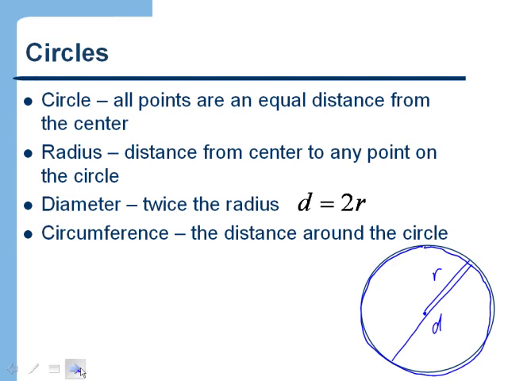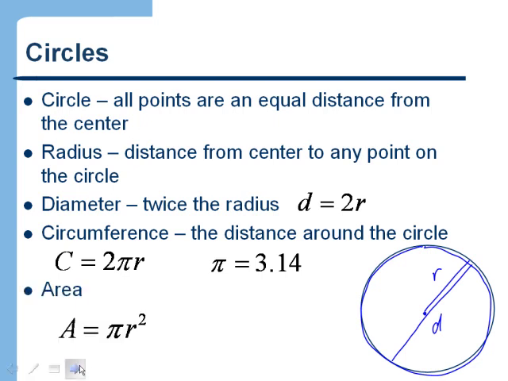And the way we calculate the circumference of a circle is we take the radius of the circle and multiply by 2 and by pi. Remember that pi is a number that's actually a non-repeating decimal. It goes on forever, but usually we just use the first 3 digits, which is 3.14. So if I want to calculate the circumference, I just take 2 times 3.14 times the radius of the circle.